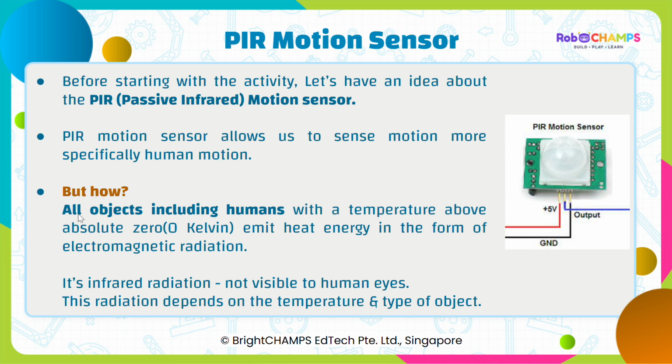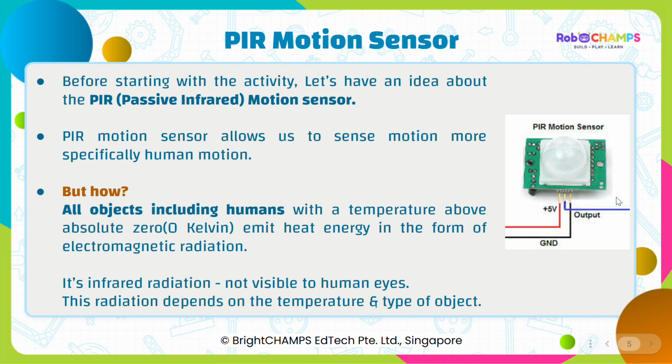But how? All objects, including humans, with a temperature above absolute zero Kelvin emit heat energy in the form of electromagnetic radiation. It's infrared radiation, not visible to human eyes. This radiation depends on the temperature and type of object.